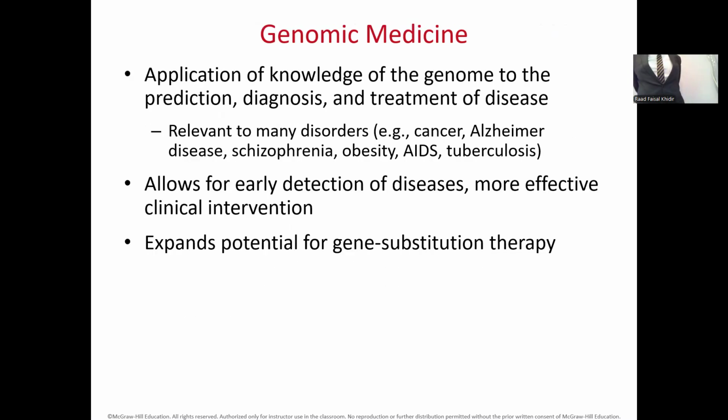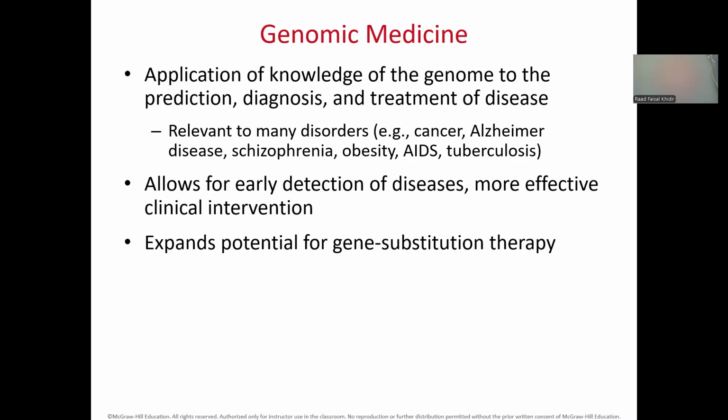So genomic medicine is when we study the genetic hotspots. Genetic hotspots are regions in the DNA that are known for mutation, like the one in sickle cell anemia. That one is known to have many changes, many mutations.